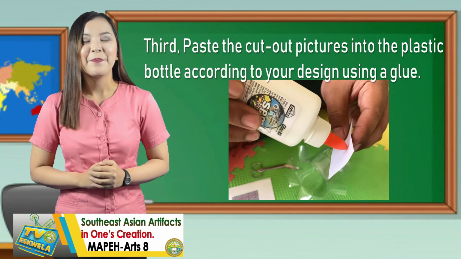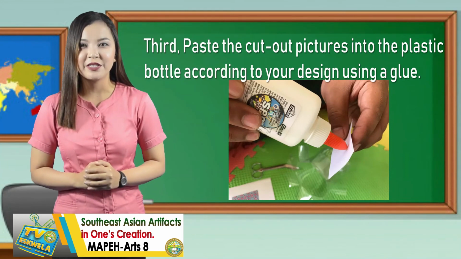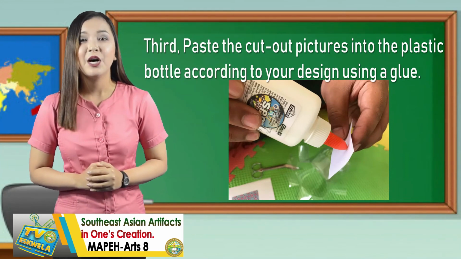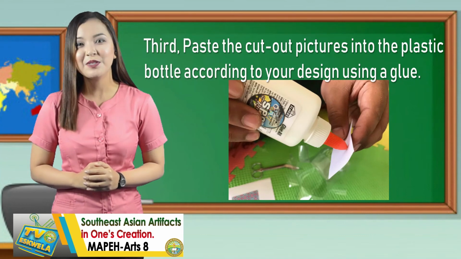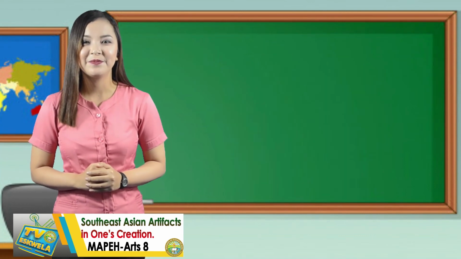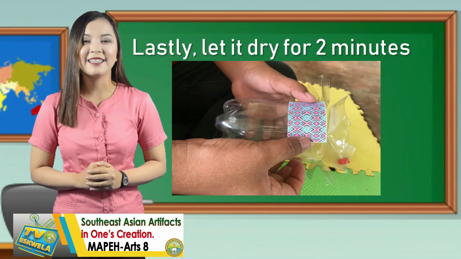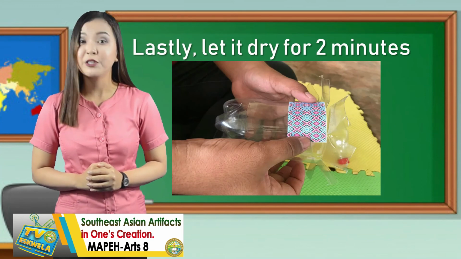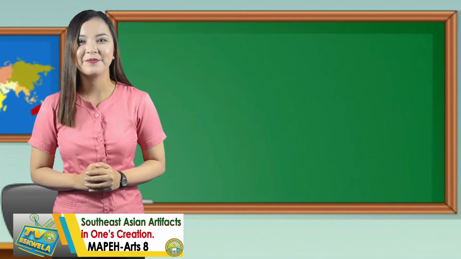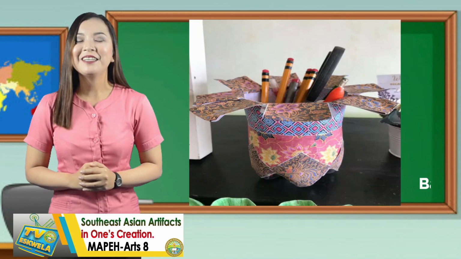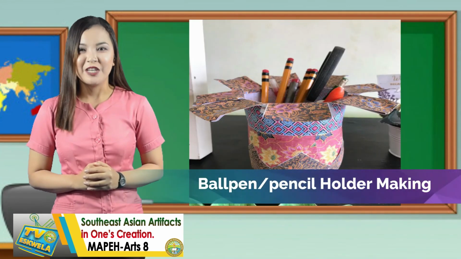Third, paste the cut-out pictures onto the plastic bottle according to your design using glue. Lastly, let it dry for 2 minutes. Finally, you can now use your finished output.